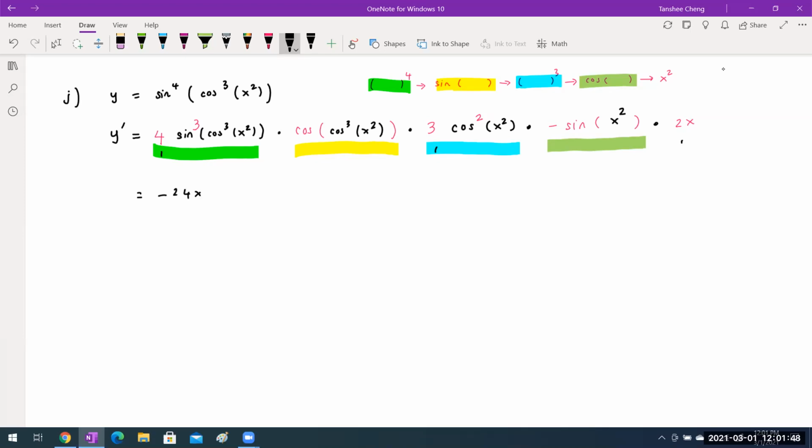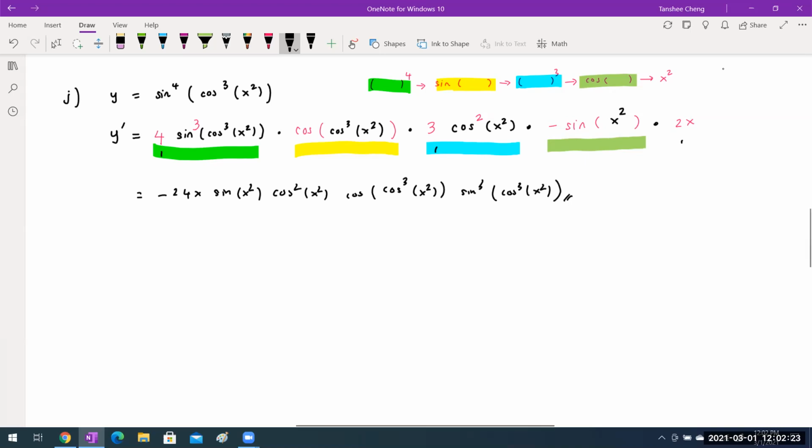Negative 24x, and then sine x squared, cosine squared x squared, and then cosine to the third power of x squared, and then lastly sine to the third power cosine to the third power x squared. So you can rewrite it as your final answer.